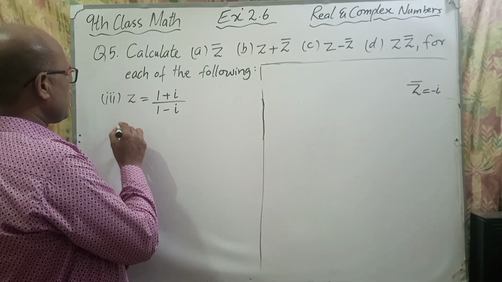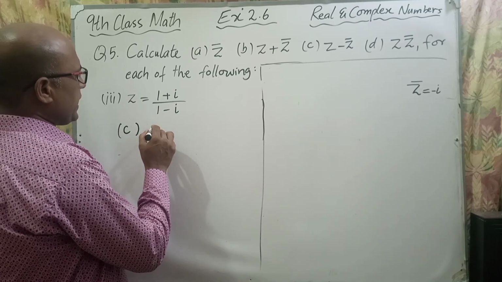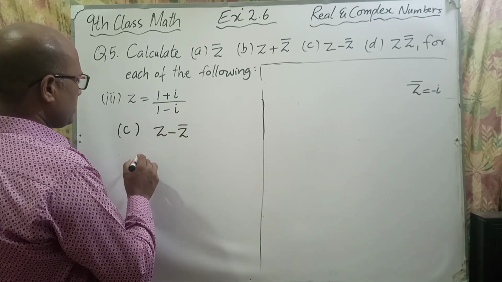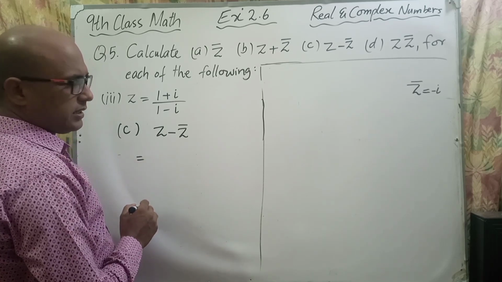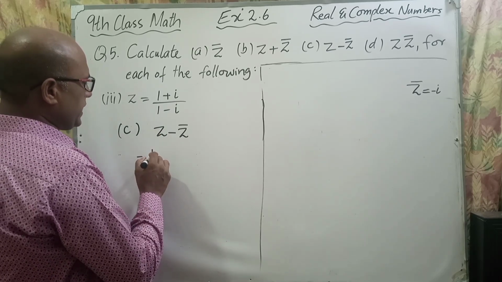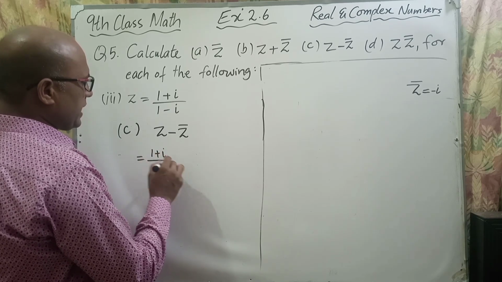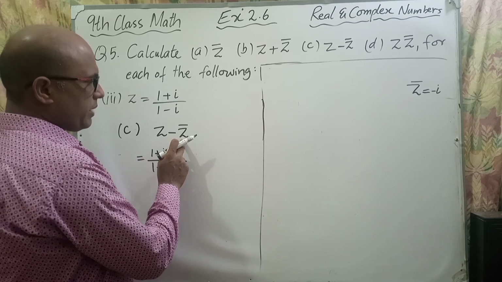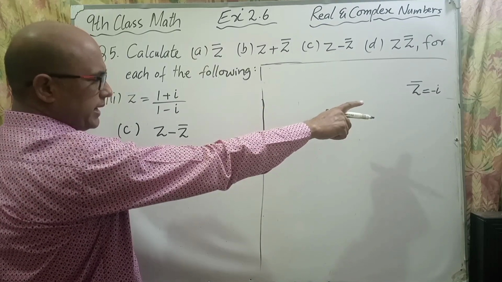Students, in C part we have to find z minus z bar. So we'll write equal sign. First of all, the value of z is (1 plus iota) over (1 minus iota), and the value of z bar is minus iota.